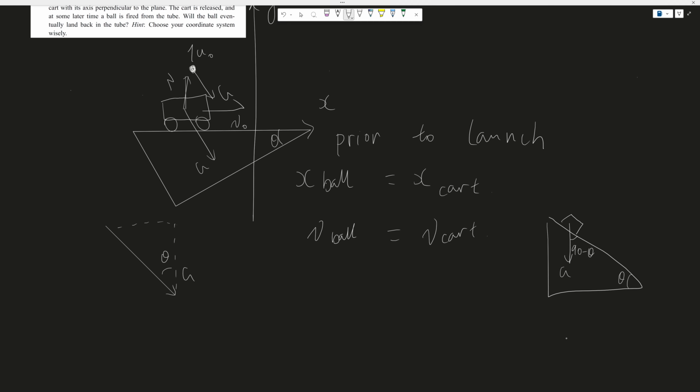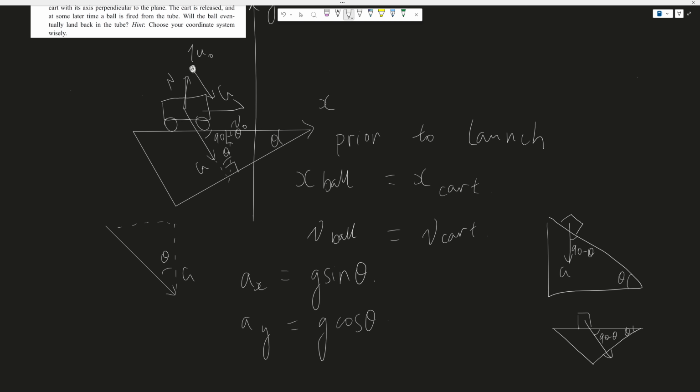When we rotate the system, we get sort of a shape, and that is still your 90 minus theta here, and theta. If this is theta, this is 90 degrees, and so this is 90 minus theta. And if I draw another line just to make it easier, and now that is 90 degrees, this becomes theta. And so now we know that the acceleration in the x direction is g sine theta, and in the y direction is g cosine theta.